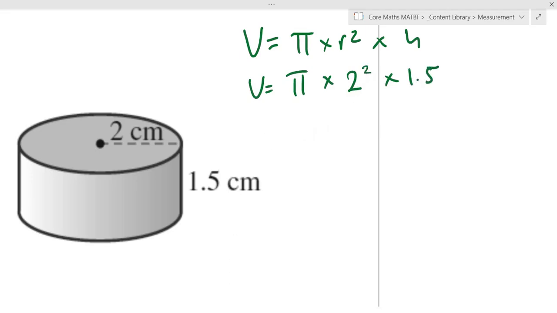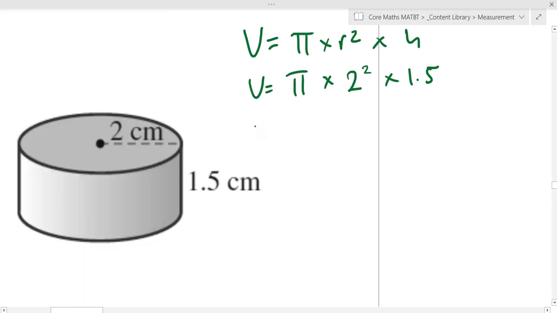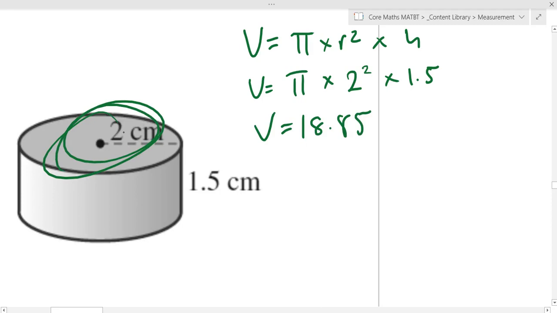On my calculator, when I do that, pi times 2 squared, and then times that by its height. Again, pretty straightforward, 18.85. It's about finding the area of the base or one face and then multiplying it with that height. So this is all in centimeters cubed.